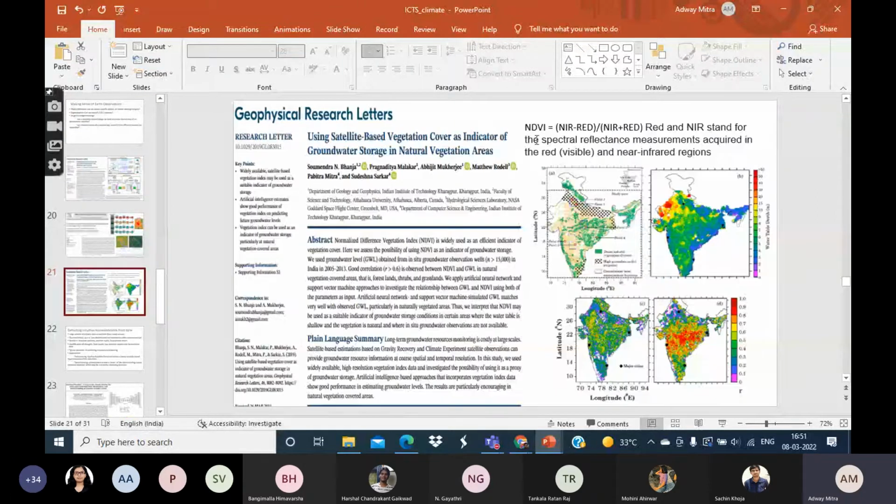So this is the formula for NDVI. Some wavelengths are known as NIR, and some are the red. There is visible range imagery, and there are the near infrared parts of the imagery, that is called NIR.